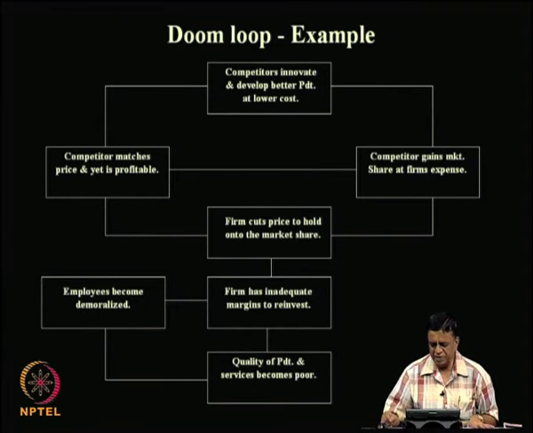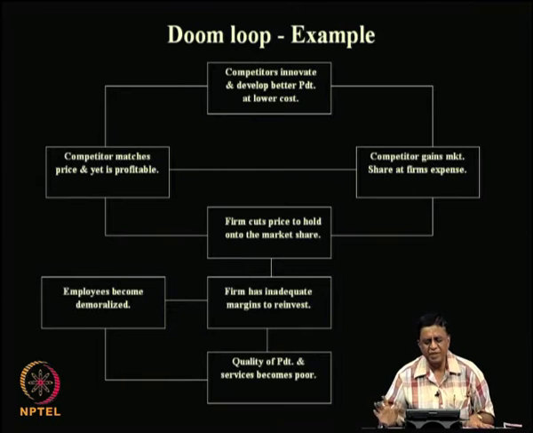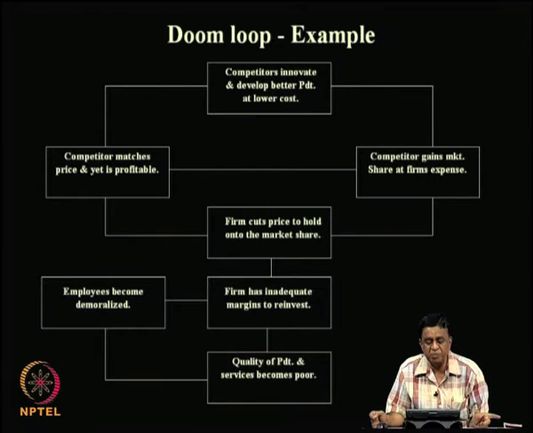A competitor's innovativeness. What does it do for the company? It helps in coming out with better products at lower cost. So, innovation holds the key in this type of marketplace.